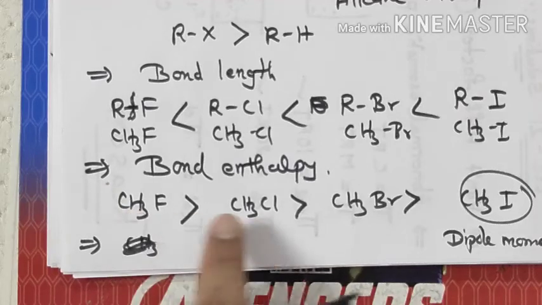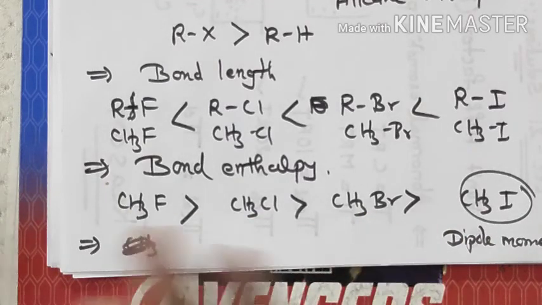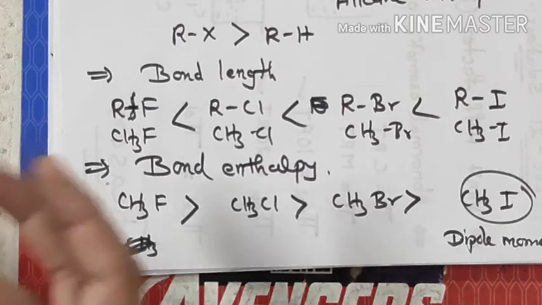Suppose in CH3F, CH3Cl, CH3Br, and CH3I, which will have the highest dipole moment? I'll give you one hint: the atom which is more electronegative has the higher dipole moment. So the more electronegative atom will have the higher dipole moment.